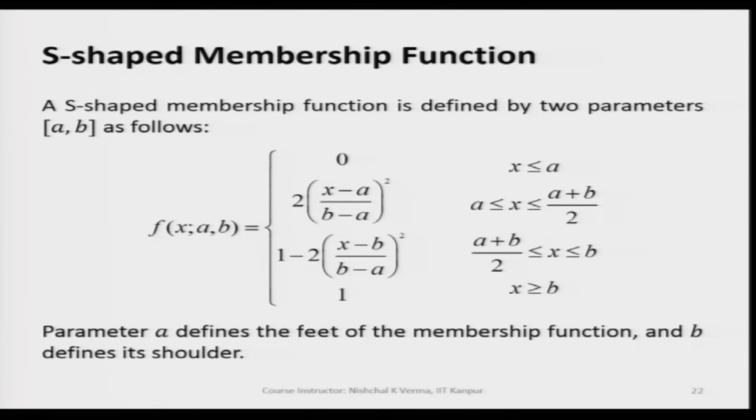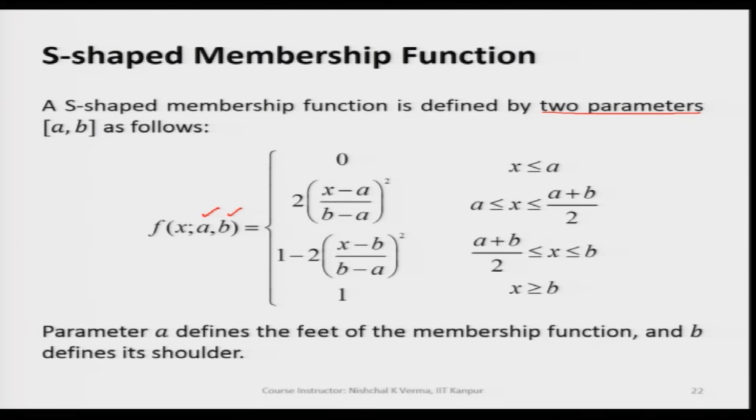Now we come to another membership function, which is called the S shaped membership function. The S shaped membership function is defined by two parameters, A and B. It is defined by f of x; A, B, and this will be equal to 0 when x is less than or equal to A, and equal to 2 times ((x minus A) over (B minus A)) squared for all values of x greater than or equal to A and less than or equal to (A plus B) over 2.